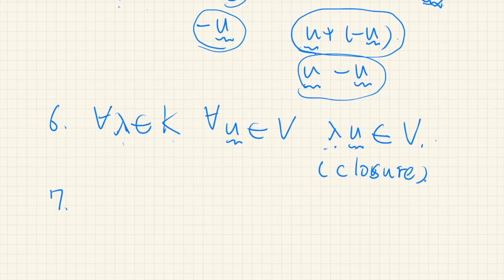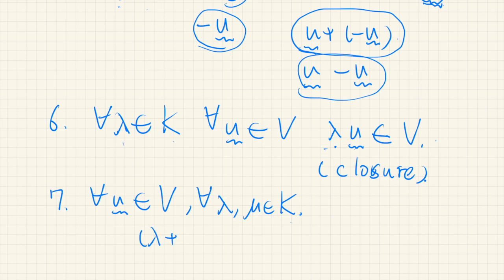And 7. For any vector u, and for any lambda and mu that are scalars, elements of the field, we have lambda plus mu times u is lambda u plus mu u.